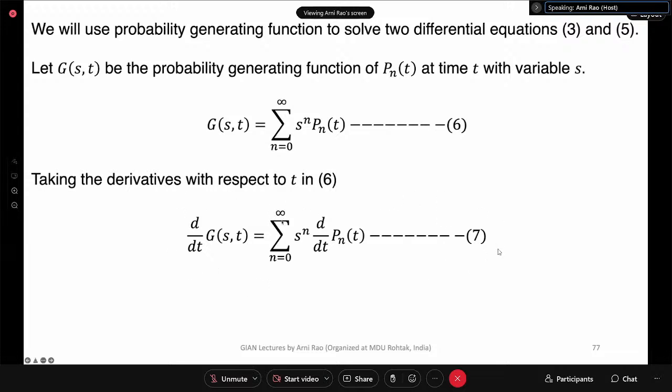That way you can bring the d by dt inside: the summation n equal to 0 to infinity s^n d by dt p_n(t). Just bringing the derivative inside the summation. This is from yesterday's lecture, where we defined the generating functions. You all have the notes.